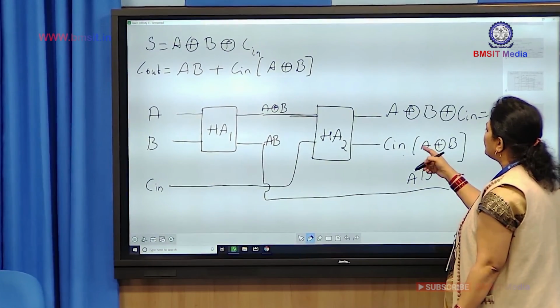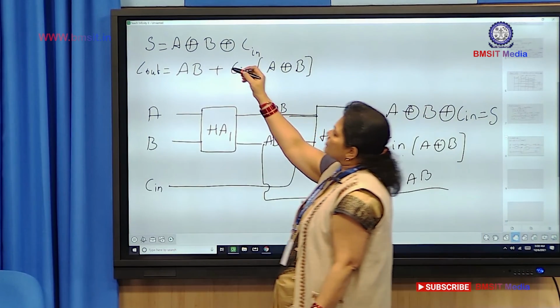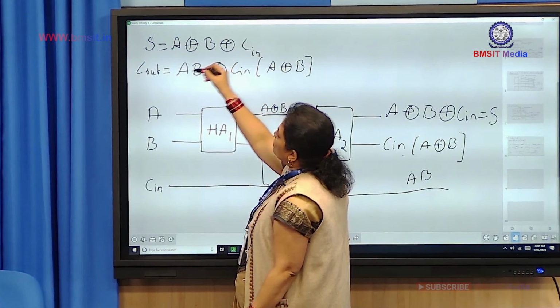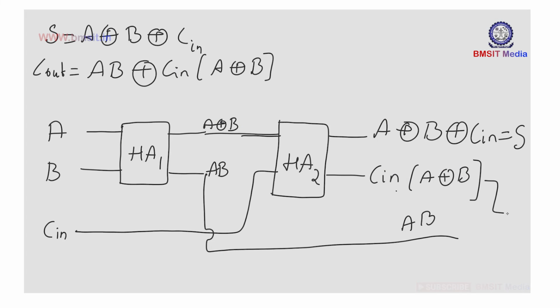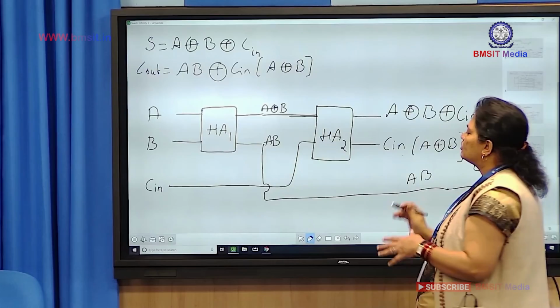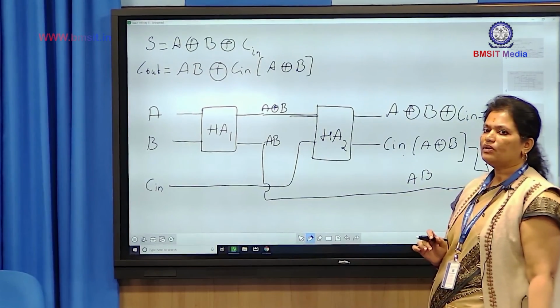So these two I am going to pass through an OR gate to get C out. So this is your OR gate. So here I am going to get C out. So you can see here we have implemented the full adder using two half adders.